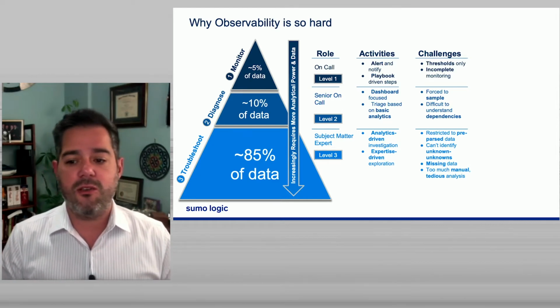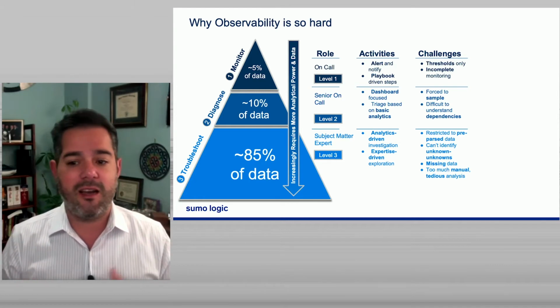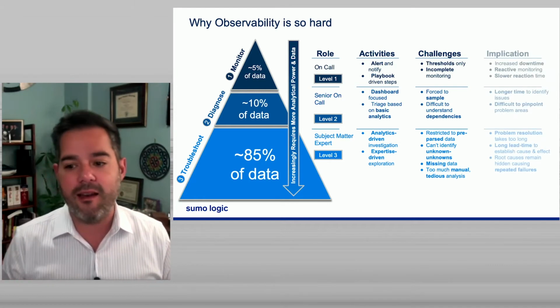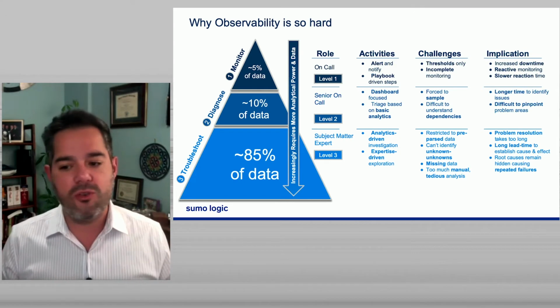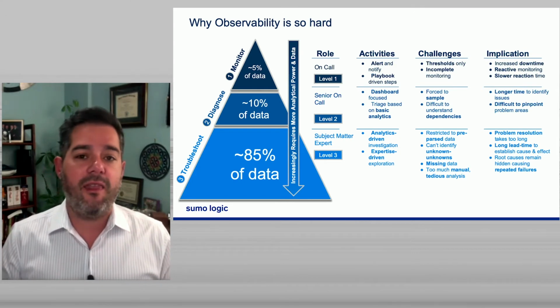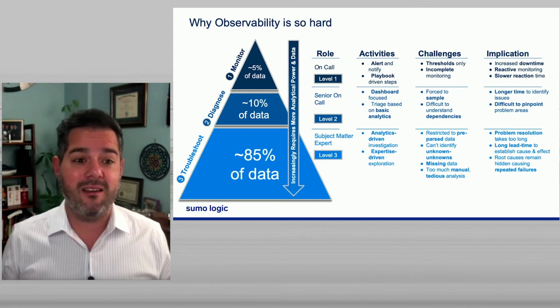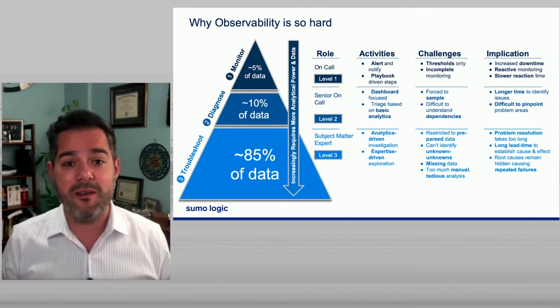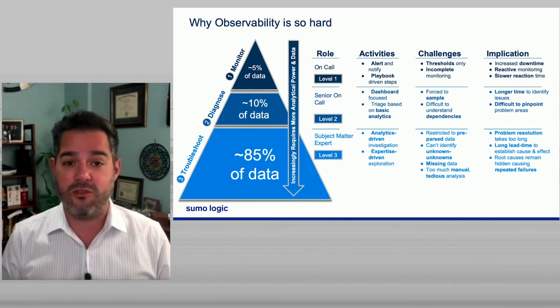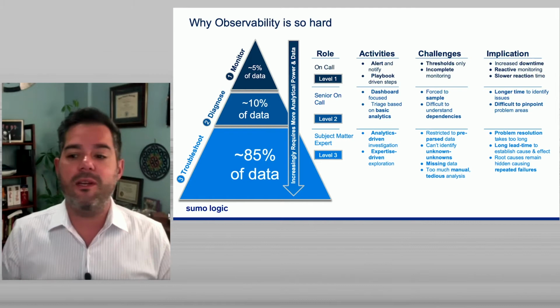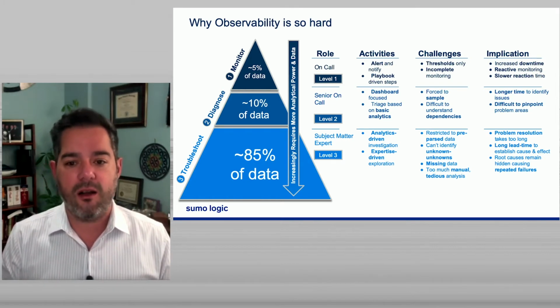We're restricted to pre-parsed data. It's only things that have been pre-configured that we can actually analyze. And then problem resolution takes too long. And then the root causes sometimes remain hidden as to why that actually happened, because the system might behave suddenly differently, and you never really got to that root cause.